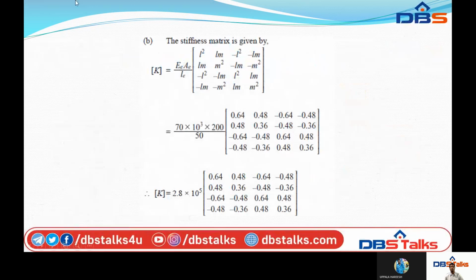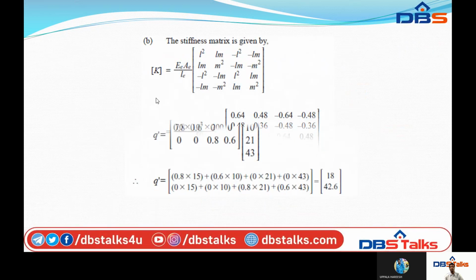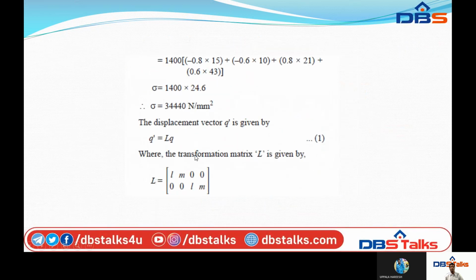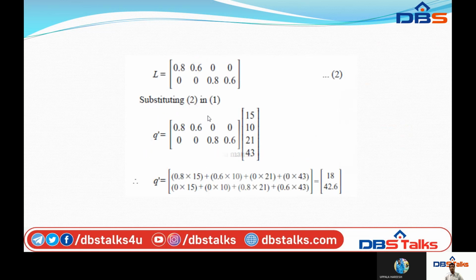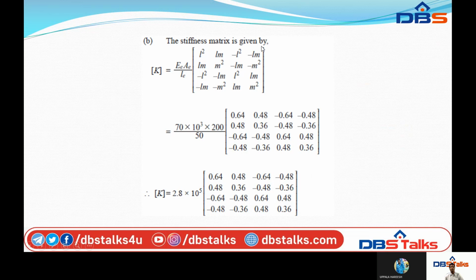This is the procedure for finding the value of stress sigma, which equals 34,440 Newton per millimeter square. And the second one, B, is finding the element stiffness matrix for the truss element, K equal to 2.8 into 10 to the power of 5 times the values in the matrix. This is a 4 by 4 matrix.